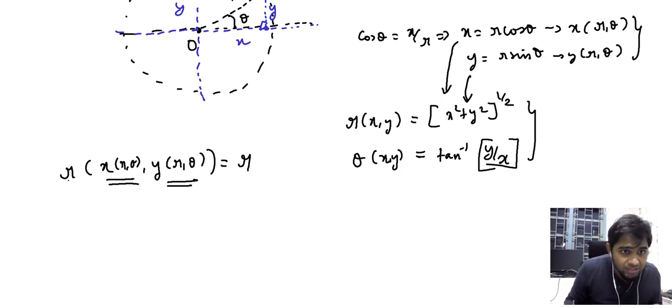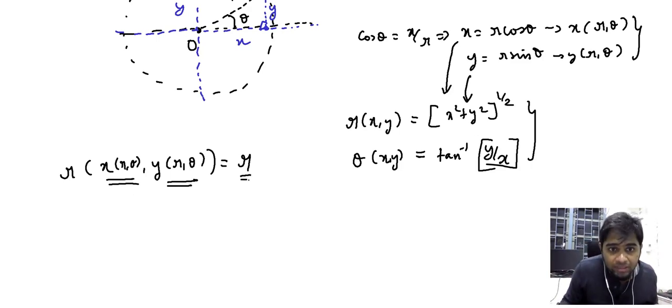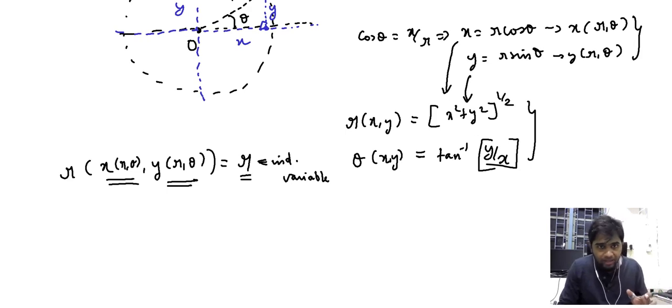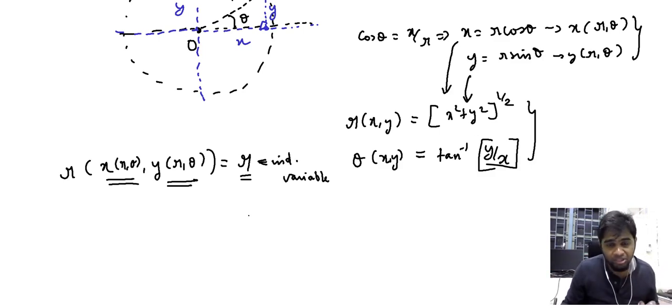However, when you consider this r function as a whole, here we started off with the Cartesian coordinates, and it is possible for us to describe the r coordinate using the Cartesian, and when we combine both these, we are able to recover r, which is an independent variable. So we are able to recover this r when we start off from polar, move to Cartesian, and go back to polar, and then we recover r, the independent variable.